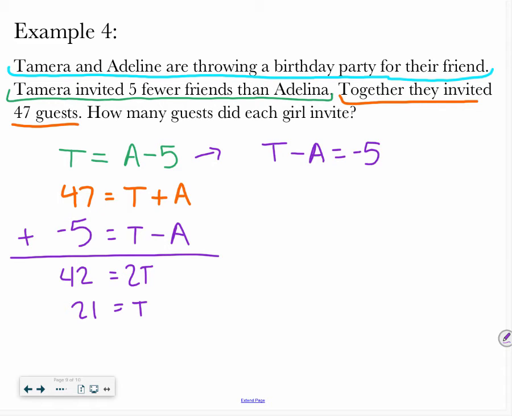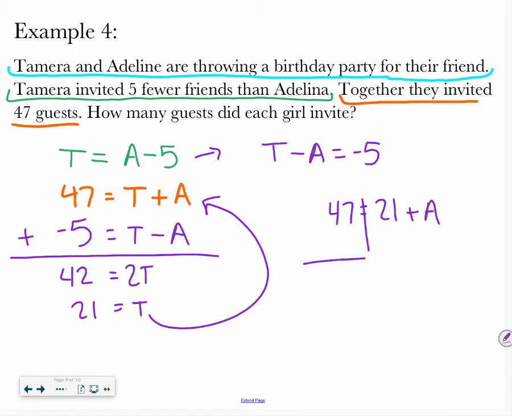And then Adelina, we just have to plug that t in up here, and we can solve. So we know 47 equals 21 plus A. Sorry, that should be capital A. 21 plus A. If we solve, do minus 21.